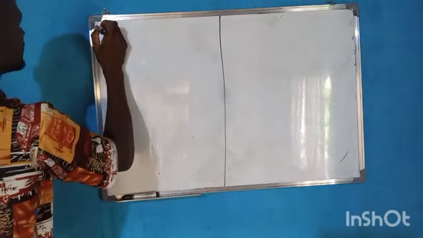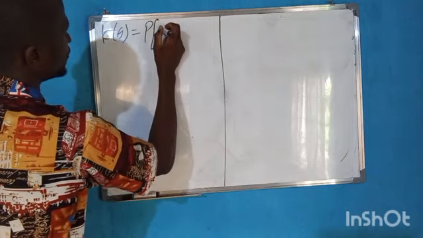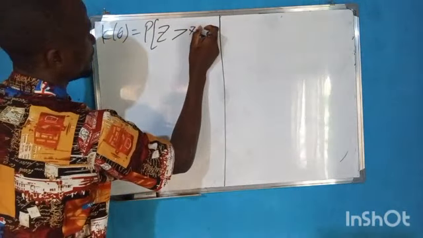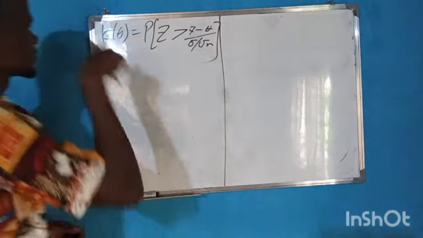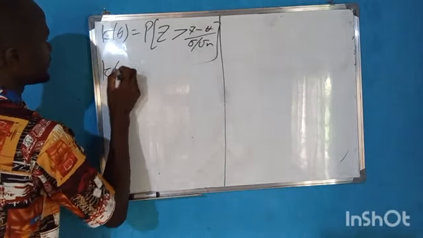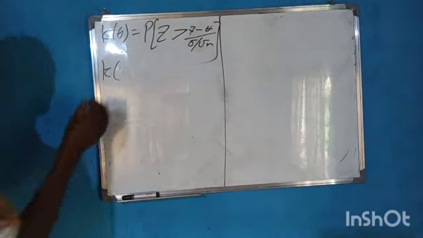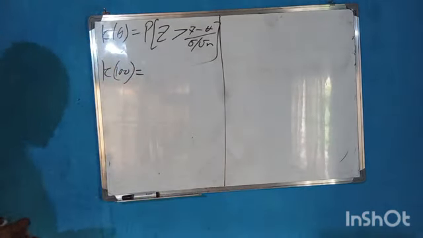Our K of theta, which is the power function, is equal to the probability of Z greater than x bar minus theta all over standard deviation over root n. This is our power function, and we are asked to find K of 100, the power of the test at parameter theta equal to 100. Anywhere you see theta, you put 100.